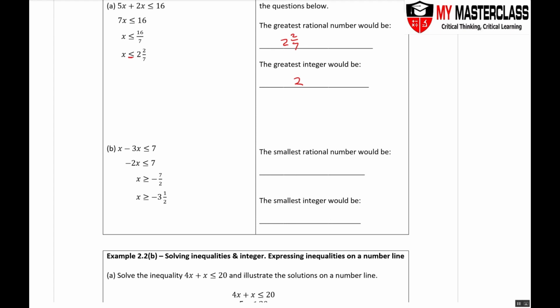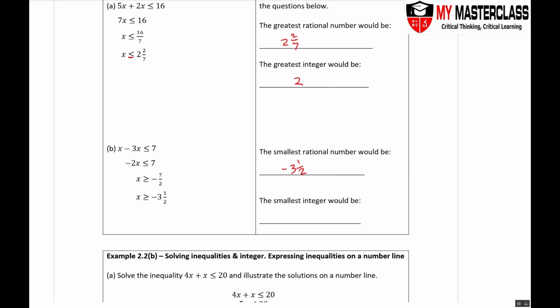So the smallest rational number would be the same thing. Rational number is your fractions, right? So it will be minus 3.5. But if I ask you for the smallest integer, because this is a negative number, be careful.